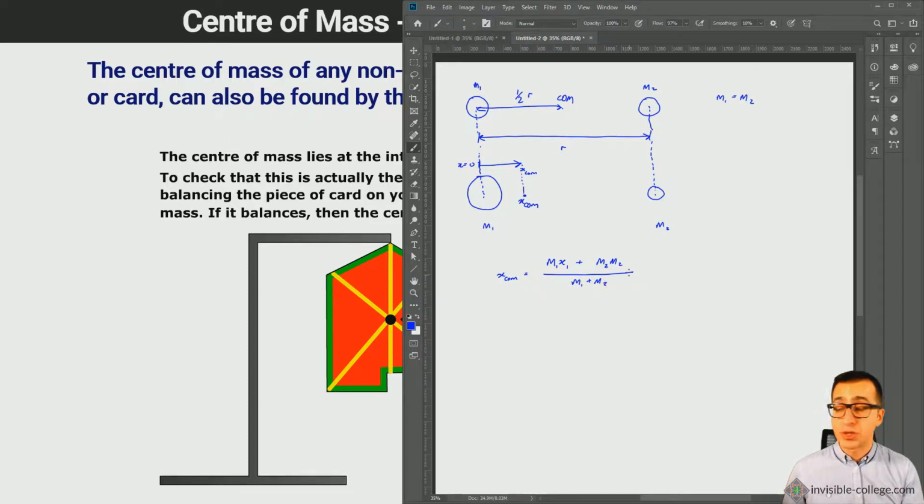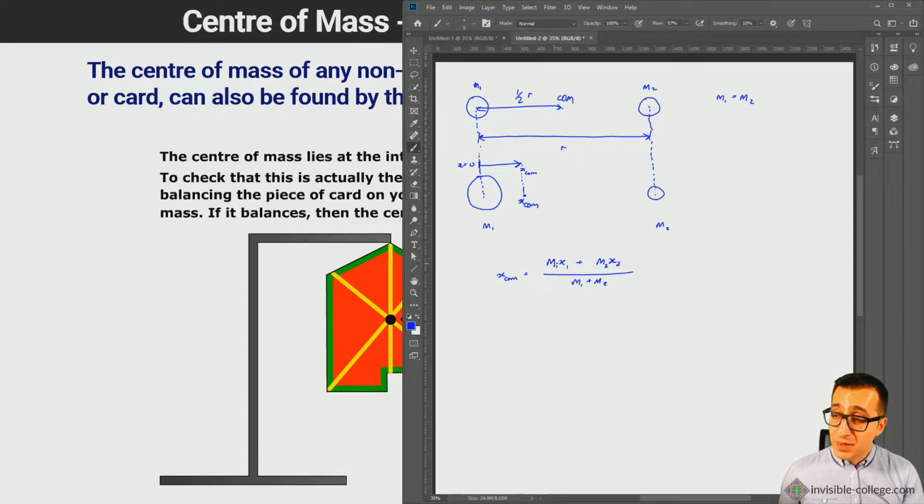It's basically a weighted average. So if we consider this two-body system, well, in this case, we have this distance r, we have mass 1, we have mass 2, and we have a distance r between them. So if we know what mass 1 is, and we know what mass 2 is, sorry, this should be x2, beg your pardon, x2 here.